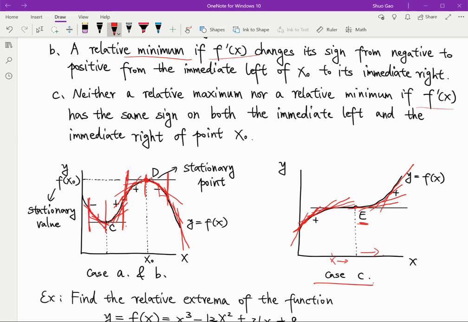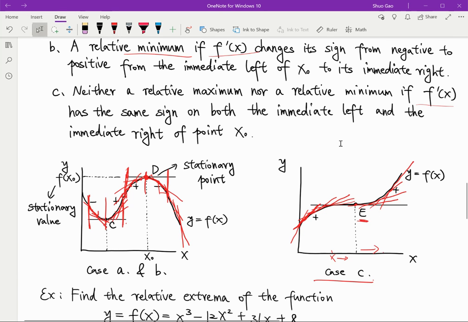It's not a peak and it's not a trough for the curve, but the slope at point E equals 0. So we have to exclude this case when we are finding the relative minimum and relative maximum of the curve, right?